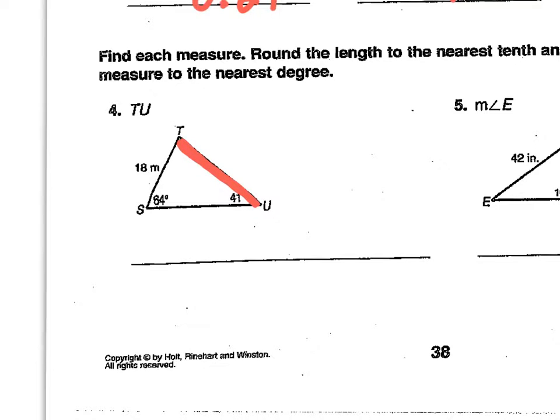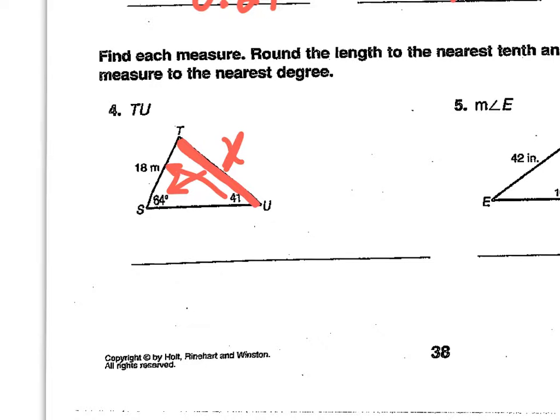Since I need to find the side TU, I'm going to let this be X. Notice that the angle across from that side is given, and then we have another angle in which the side across from that angle is given.